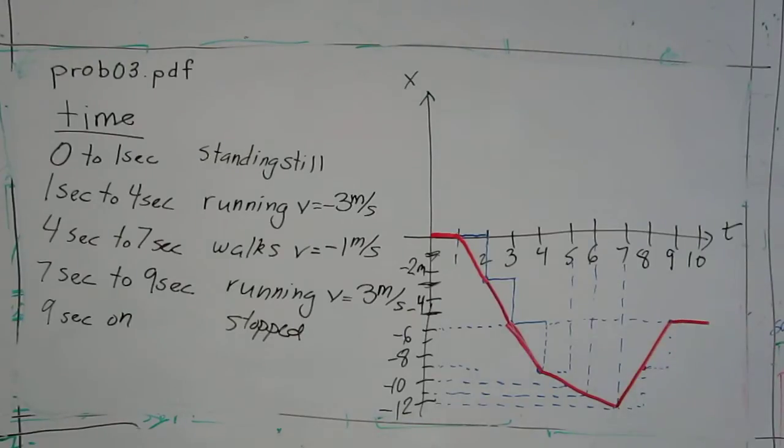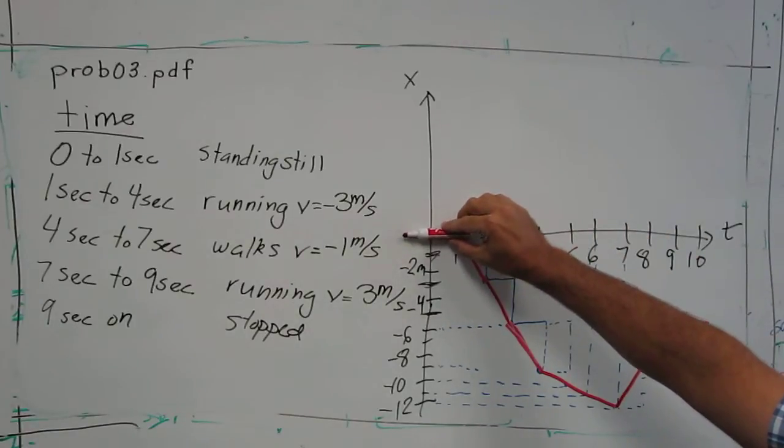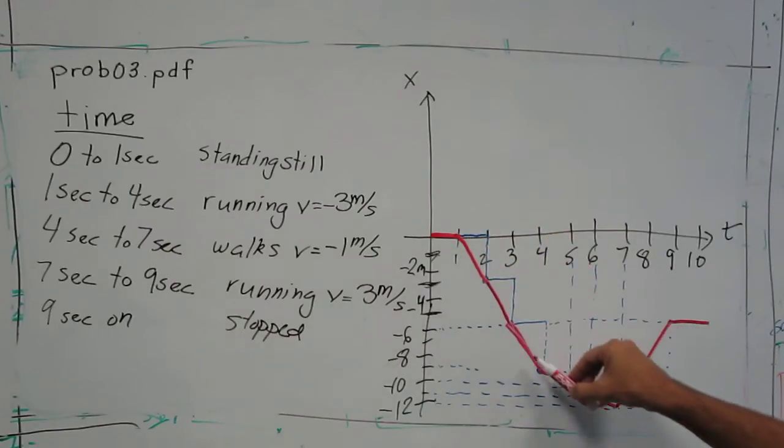All right. So this is the position curve. If you were to look at this, if I hadn't given you the words, you could understand what's going on by looking at what we call the slope. So here, you're not moving, the velocity is 0. Here we're moving backwards, and you'll notice we're moving backwards quickly.